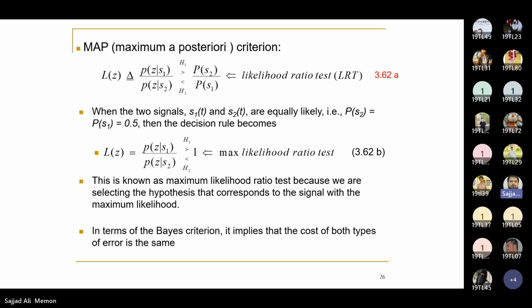In terms of the Bayes criterion, it implies that the cost of both types of error is the same. So the error will also be 0.5. If you choose S2 instead of S1, the chances of choosing the incorrect one will be the same, so the cost of both types of error is also the same.